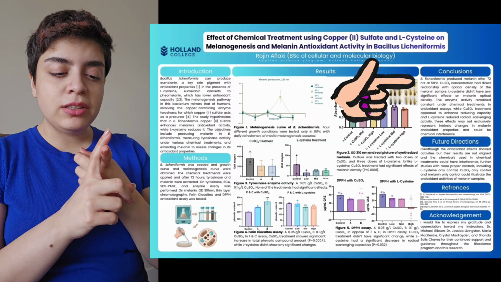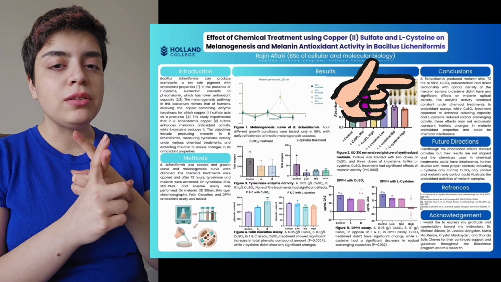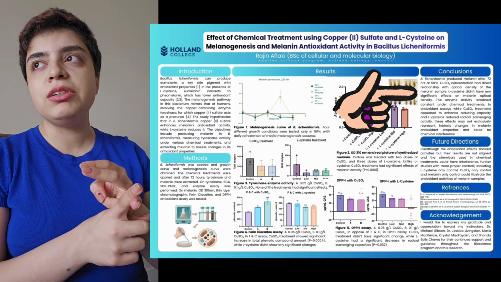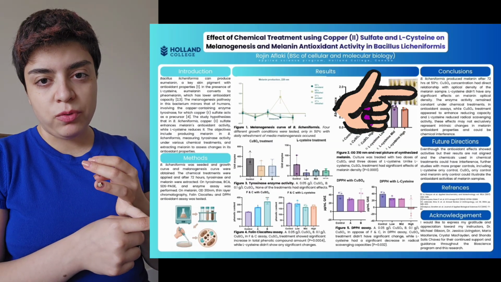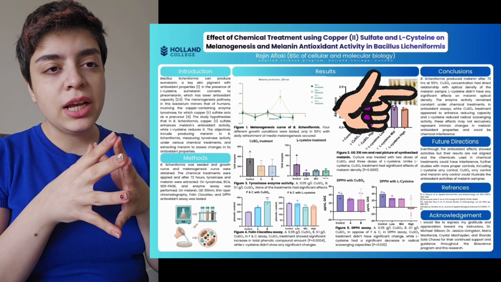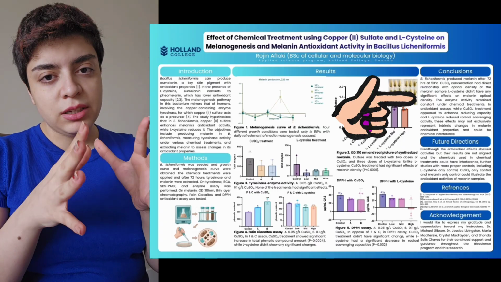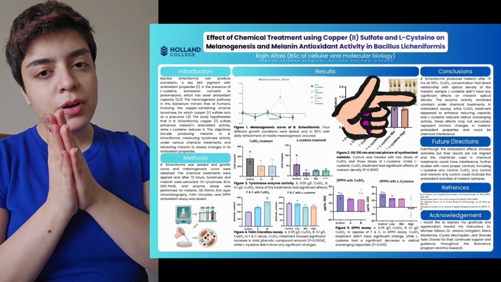So B. licheniformis actually could produce melanin. We could extract melanin, we could extract the tyrosinase, and the enzyme activity was performed. Based on the enzyme activity, there weren't any significant changes from the chemical treatments.